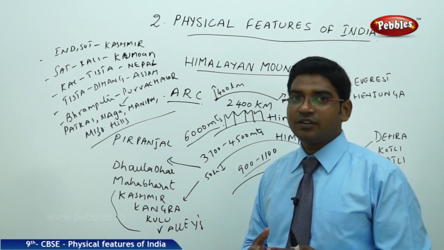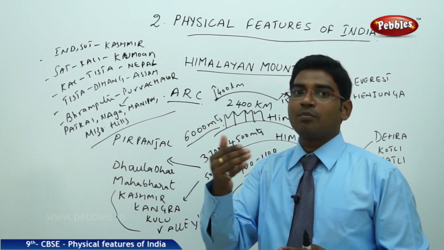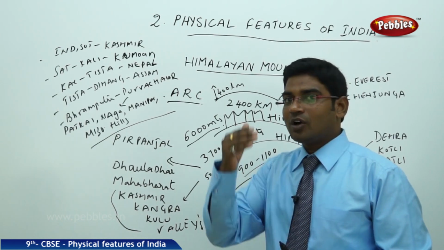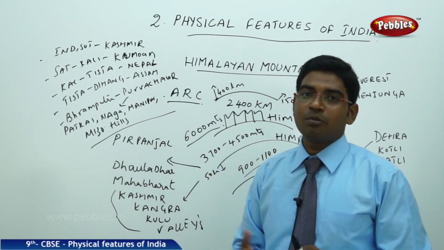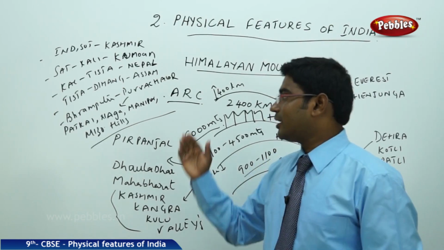Dihang is not an Indian river, that's the doubt many of you get. Dihang is the other name for Brahmaputra. When it is in the Tibetan region or in China, we call it Dihang. So Dihang is nothing but the other name for Brahmaputra. That's why we call it Tista to Dihang in the Assam Himalayan region.